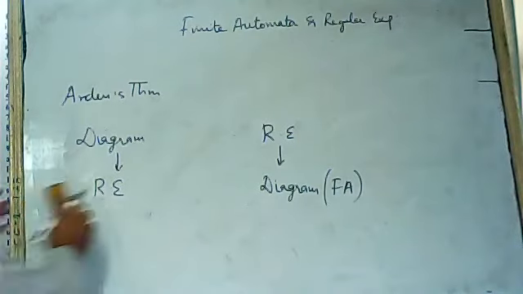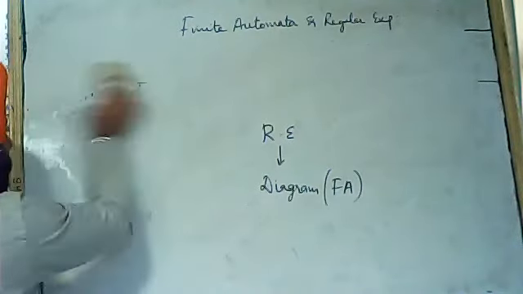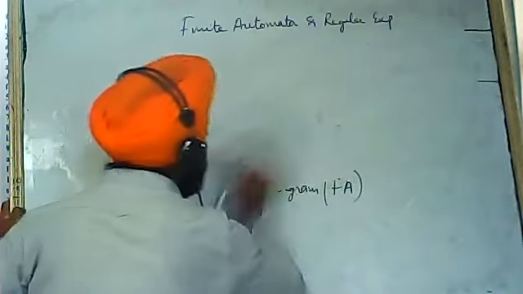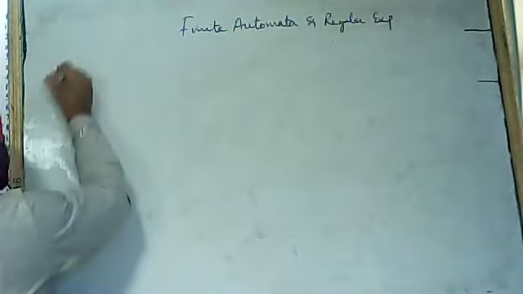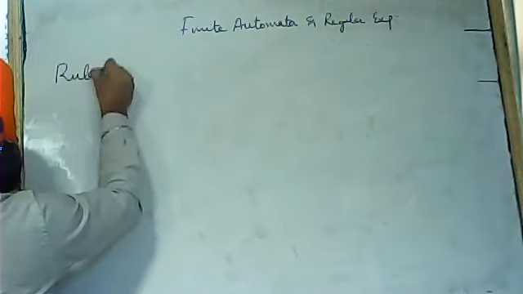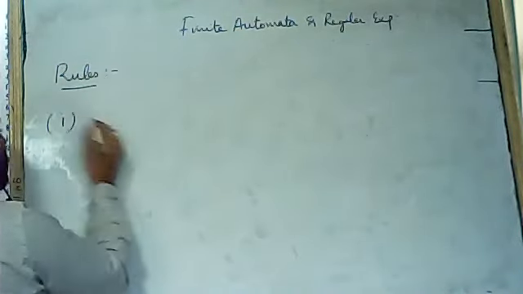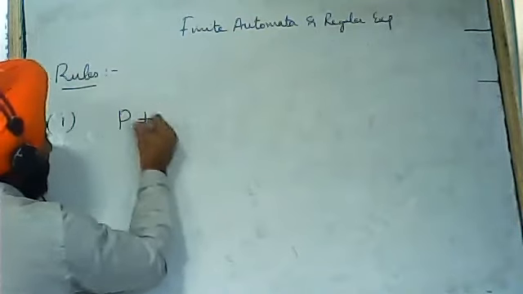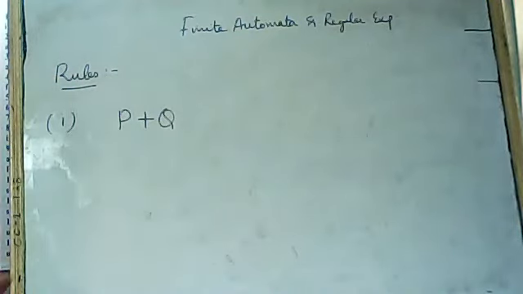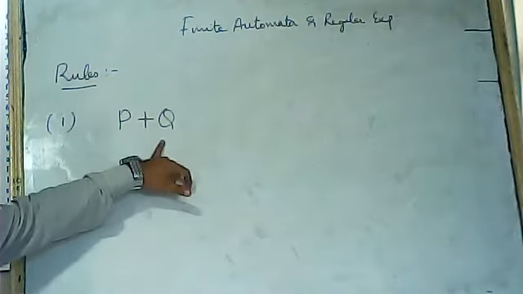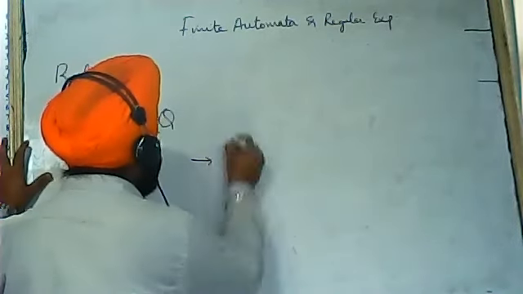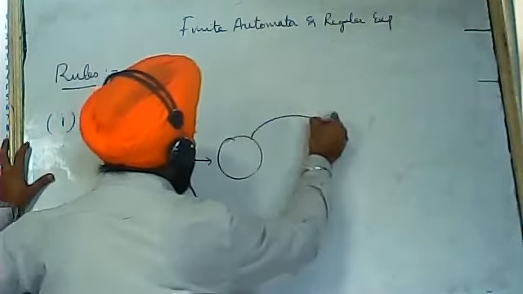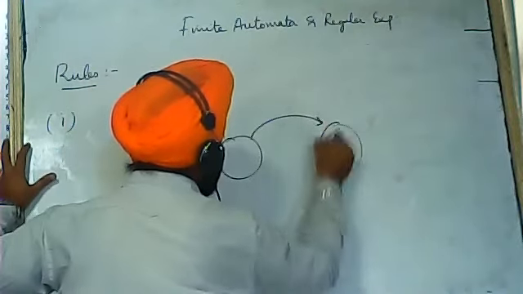For this, you will have to remember three rules. So what are those rules? Rule number one is, whenever an expression of the form P plus Q is given to you, its corresponding diagram will be drawn like this.